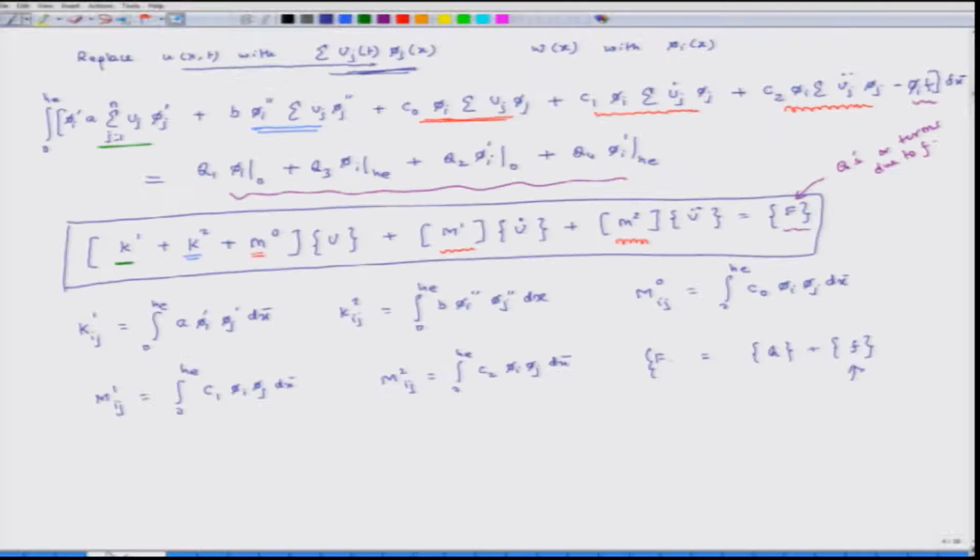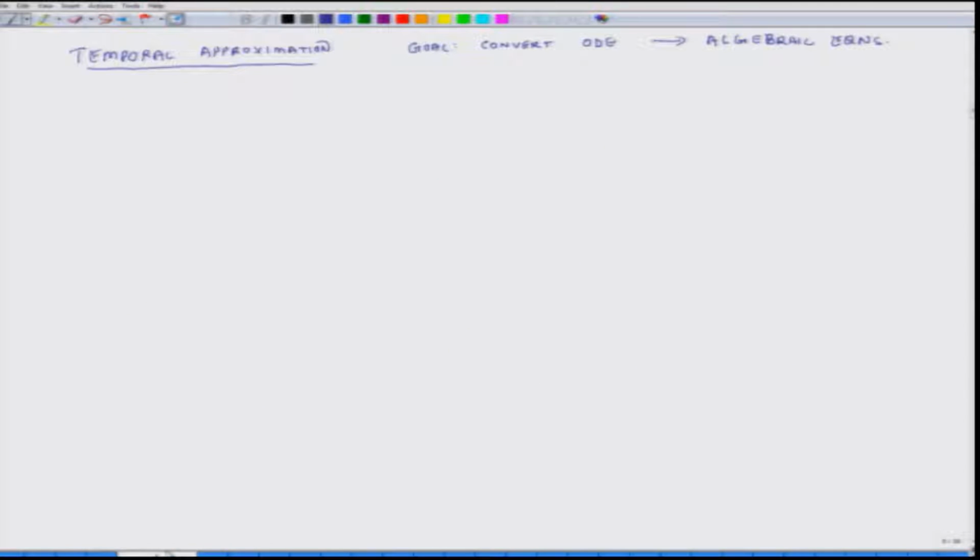So, we will rewrite this equation: K1 plus K2 plus M0 times the displacement or primary variable vector U, plus M1 times U dot, plus M2 times the second derivative of U, equals a force vector which is F.